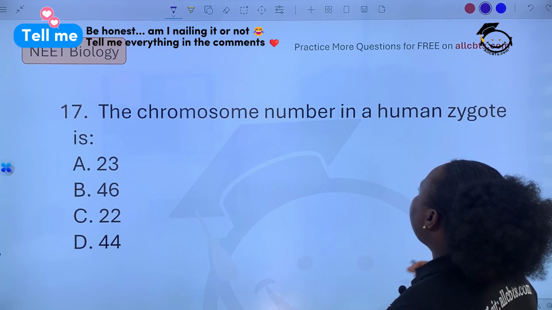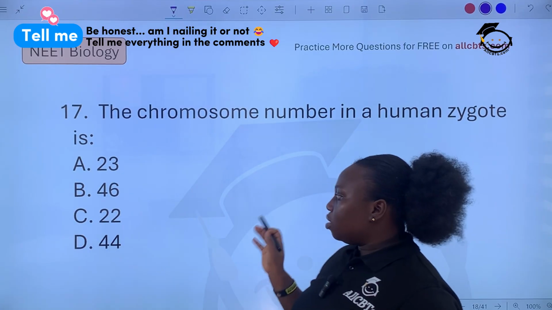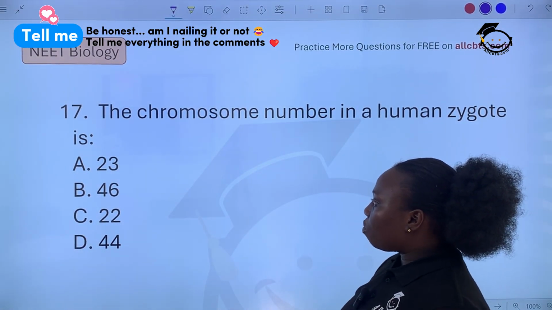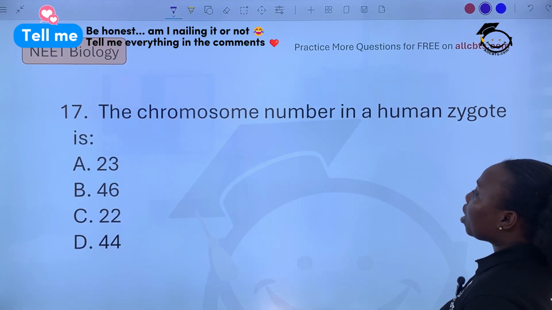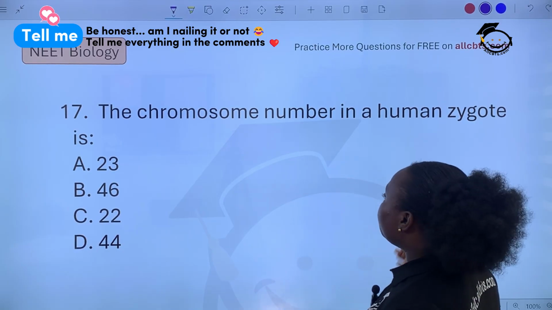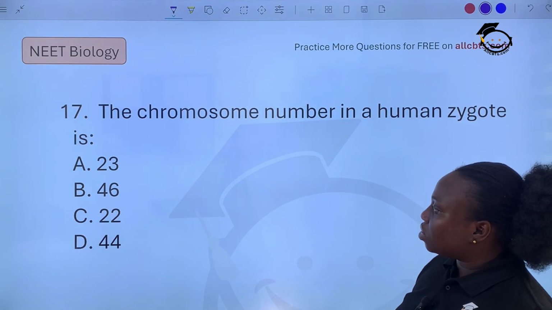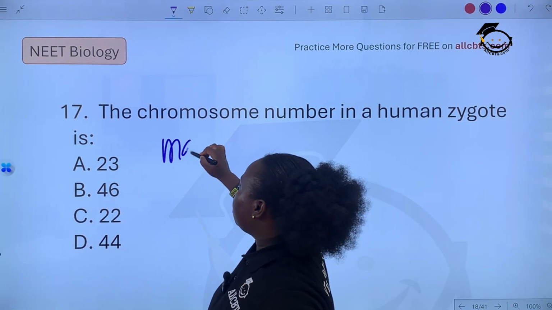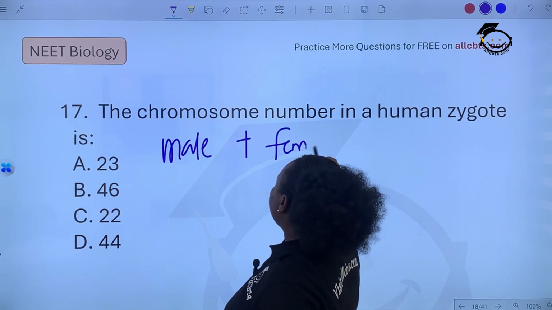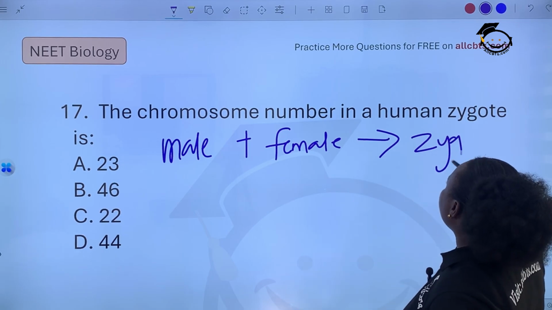Number 17. The chromosome number in a human zygote is what? A. 23, B. 46, C. 22, D. 44. Now a human zygote is made up of two gametes, which are the male gamete and the female gamete. During fertilization, that's what is going to give you the zygote.